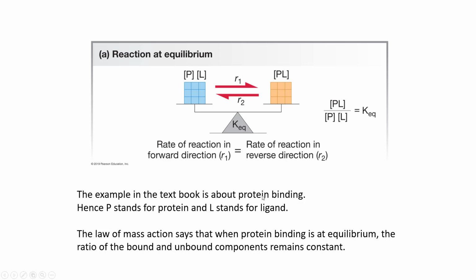This example is from the textbook, and it's about protein binding. The P stands for protein, and L stands for ligand. So the law of mass action says that when the protein binding is at equilibrium, the ratio of the bound and unbound components must remain constant.